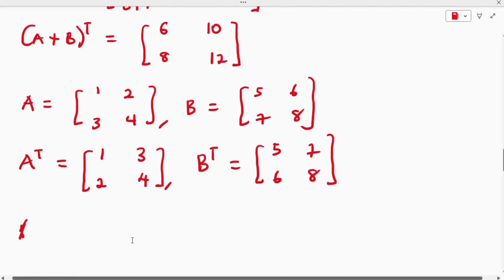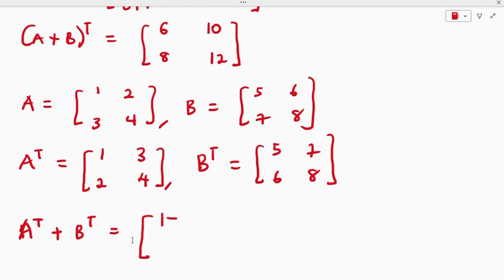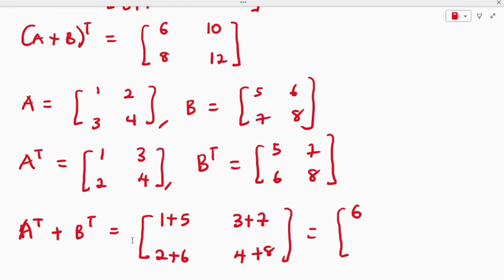So adding A transpose plus B transpose, this is going to be equal to 1 plus 5, 3 plus 7, 2 plus 6, and 4 plus 8. And this is going to equal 1 plus 5 is 6, 3 plus 7 is 10, 2 plus 6 is 8, and 4 plus 8 is 12.